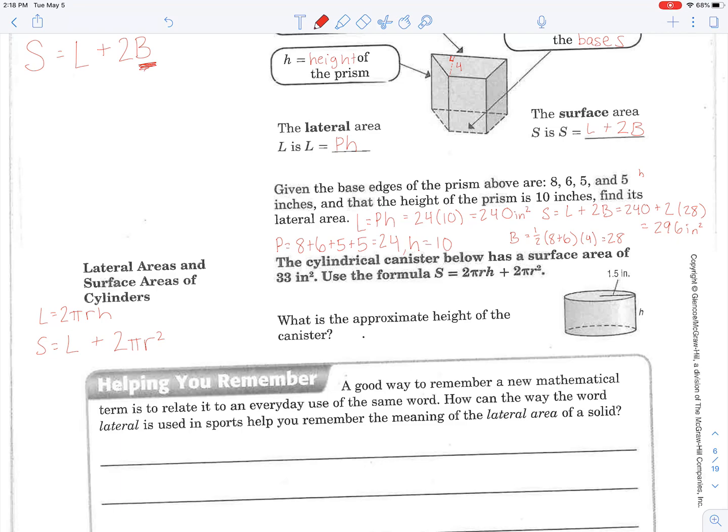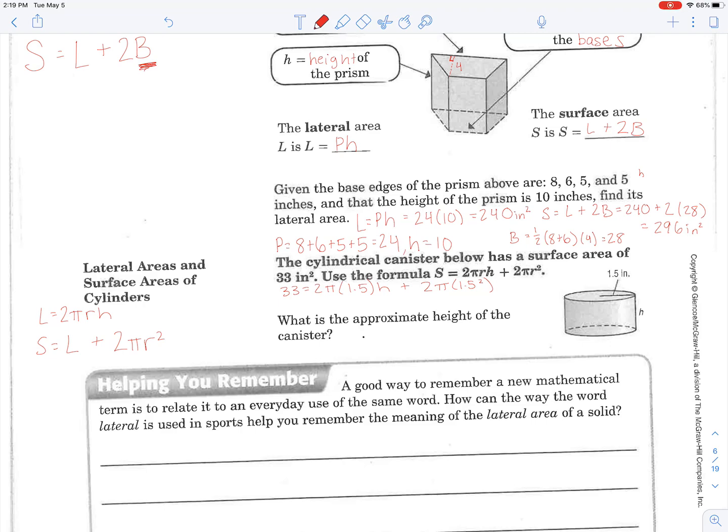So let's use the information they give me. They say the surface area is 33. In the picture, my radius is 1.5. So even though it looks like I might have 2 variables, I actually only have 1 because pi is just a number.